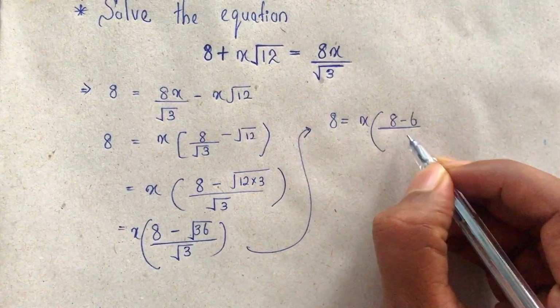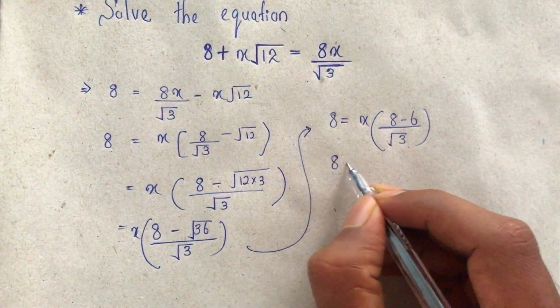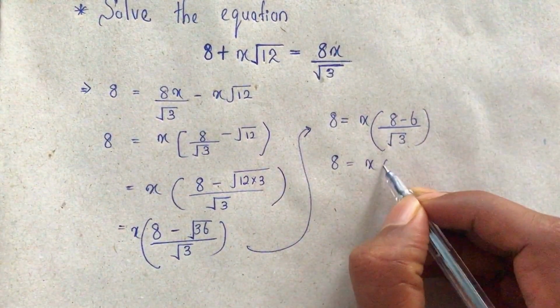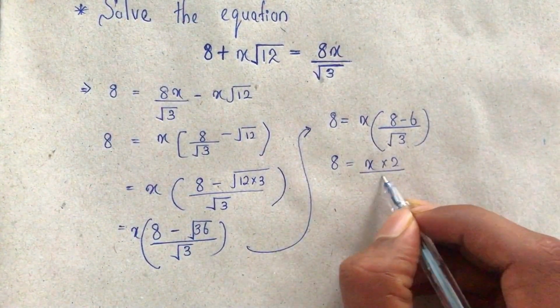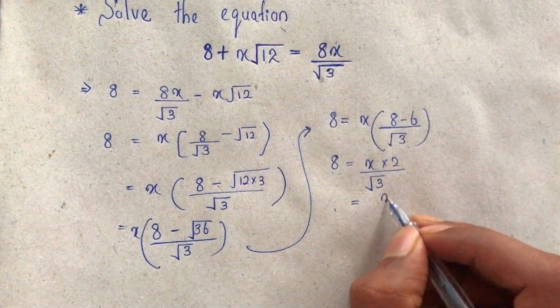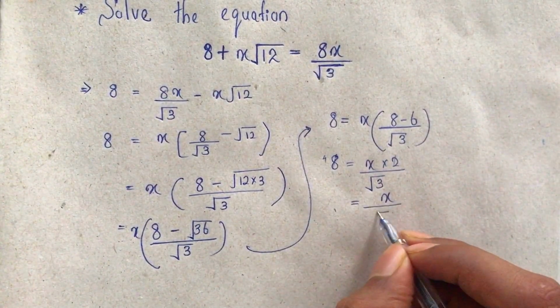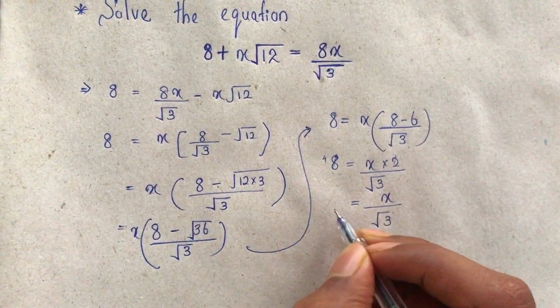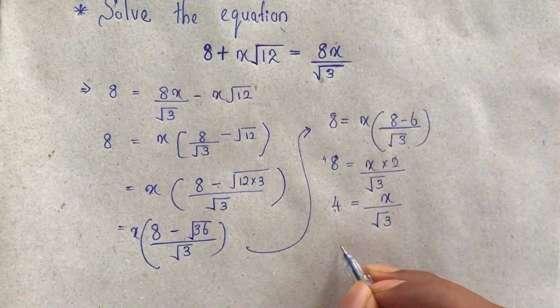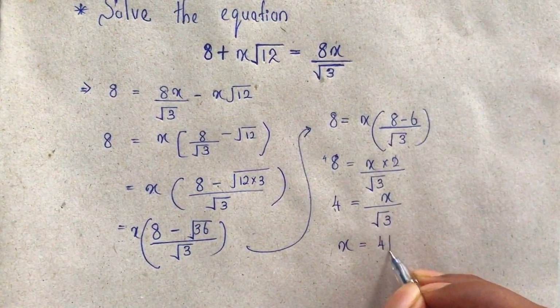Then it is 8 equals x times 2 over square root 3, since 8 minus 6 is 2. Then you can simplify by cancelling 2 and 8. Then x over square root 3 equals 4. If you make x the subject, x equals 4 times square root 3. This is the answer for x.